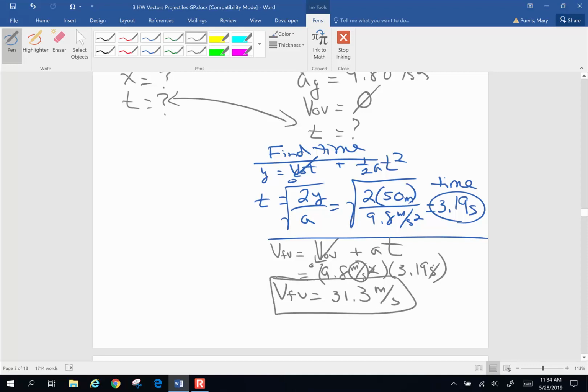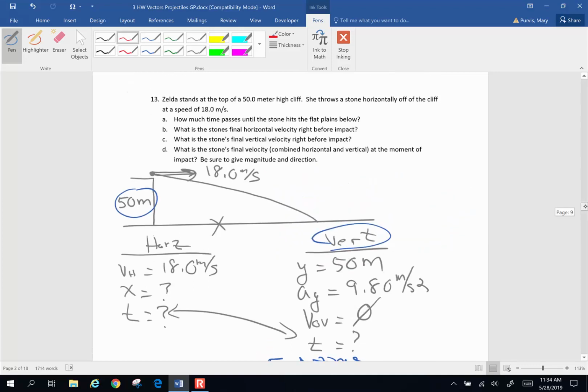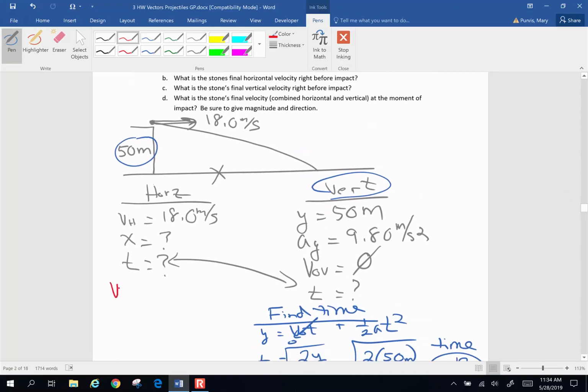We now want to know horizontal displacement. Horizontal velocity is equal to displacement over time, so x is going to be horizontal velocity times time. Horizontal velocity is 18 meters per second.